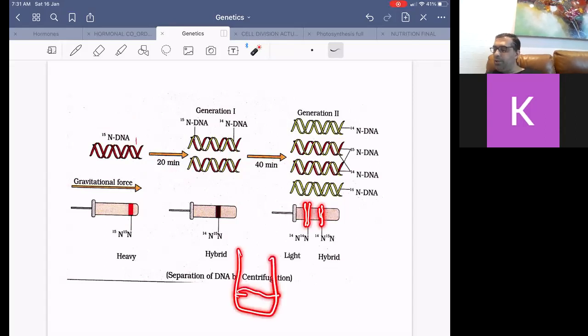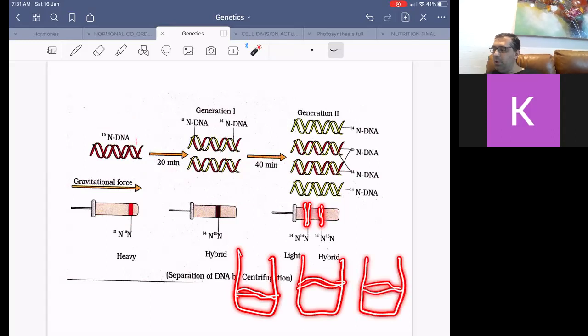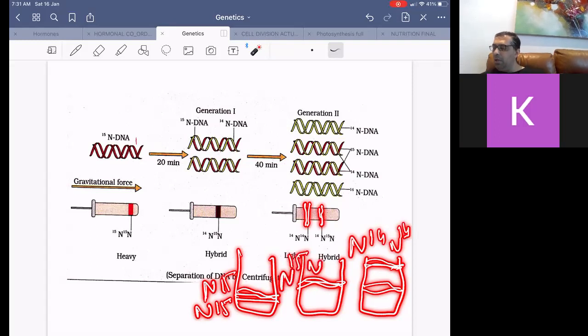This is lowest, this is middle, and this is highest. So you have found DNA at three levels. If it is at the lowest level, it is N15 N15. If it is at the highest level, it is N14 N14. That means at the middle level, it would have been N15 N14.